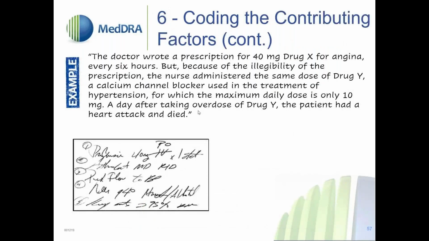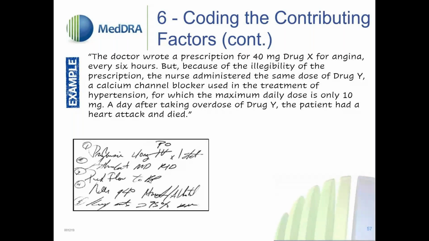A doctor wrote a prescription for 40 milligram of drug X for angina every 6 hours. But because of the illegibility of the prescription, the nurse administered the same dose of drug Y, a calcium channel blocker used in the treatment of hypertension, for which the maximum daily dose is only 10 milligram.